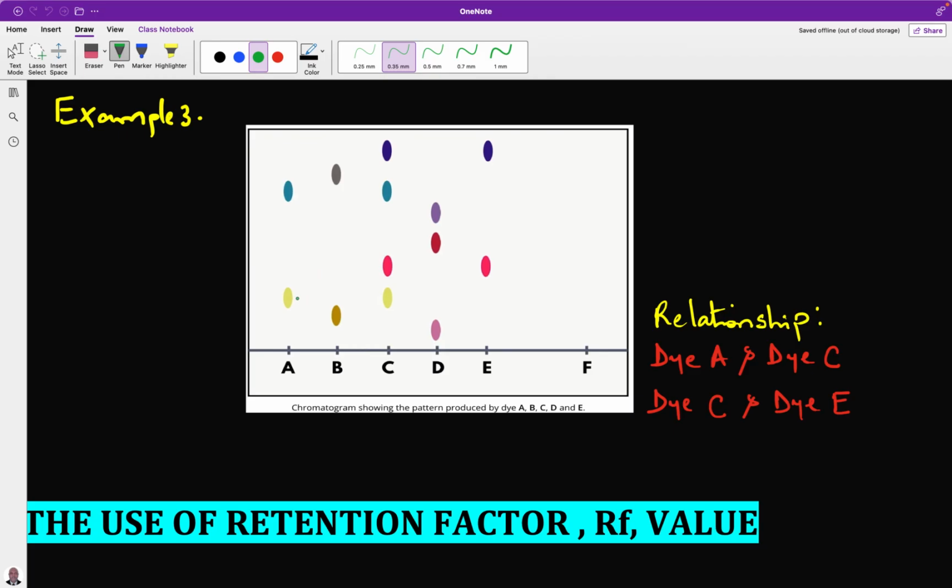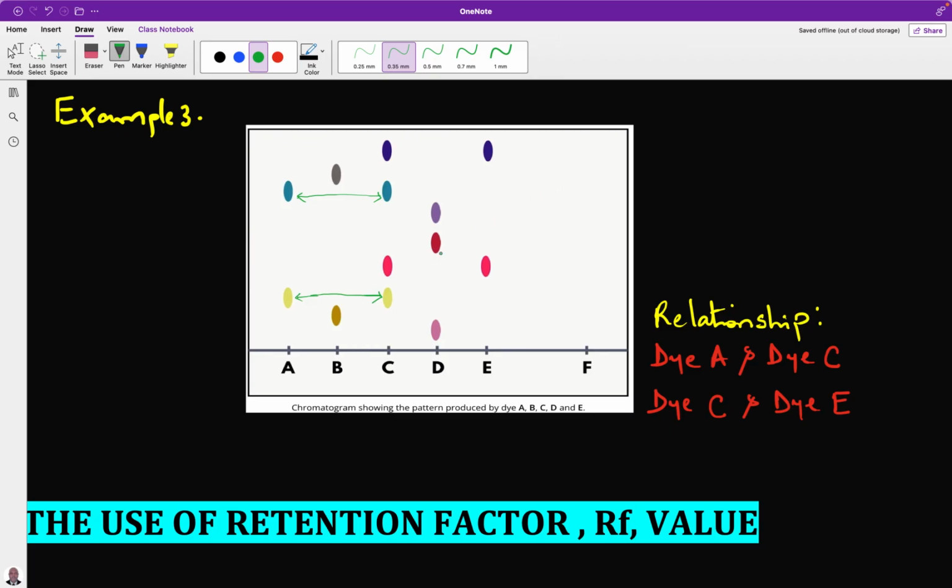This one has something to do with this, and this. So I now say A and C have some components that are present in each other.